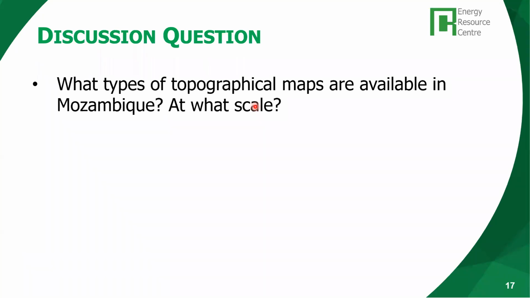GIS can help, but sometimes even the resolution of digital elevation models that are available is not good enough. And if you want to get an accurate quantity, you have to do a topographical survey.